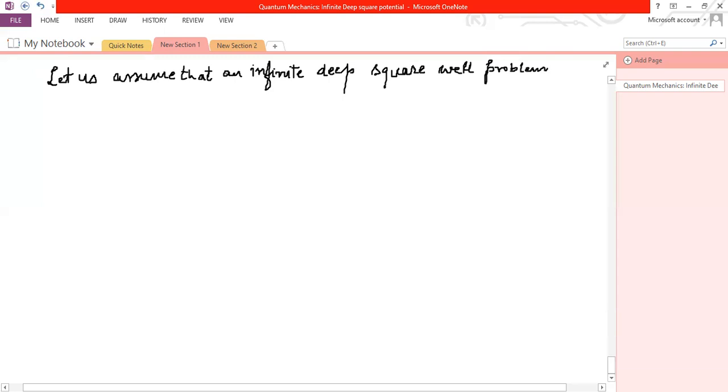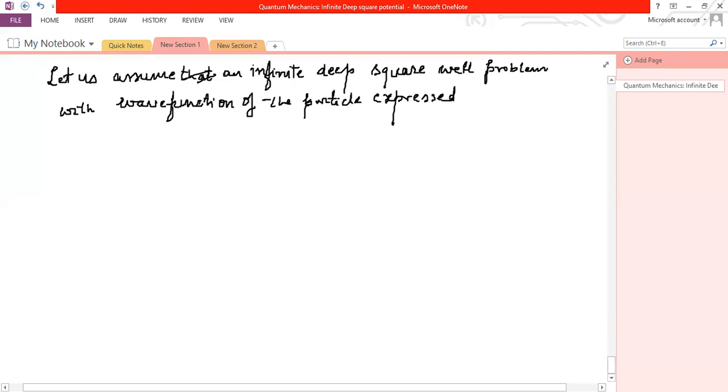Let us assume an infinite, sorry, deep square well problem with the wave function of the particle expressed as follows.